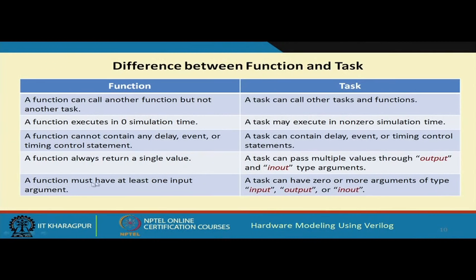That is why in the designs that I have shown, I have avoided inout. Okay? Fine. Another thing is that a function must have at least one input argument, but there is no such restriction in a task. It can have 0 or more arguments, and the arguments can be of type input, output or inout.